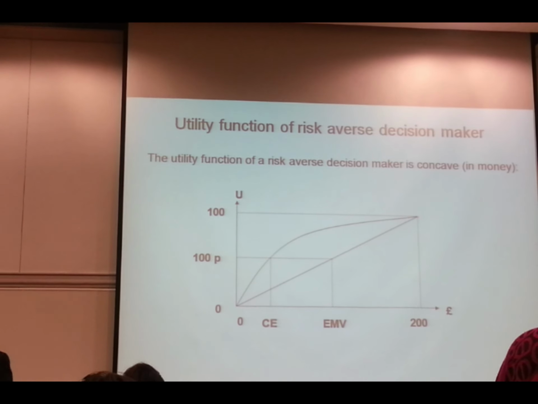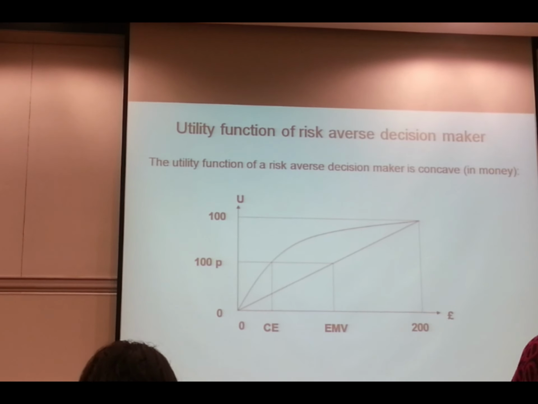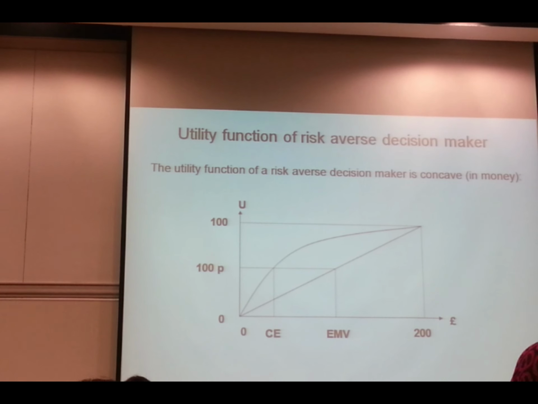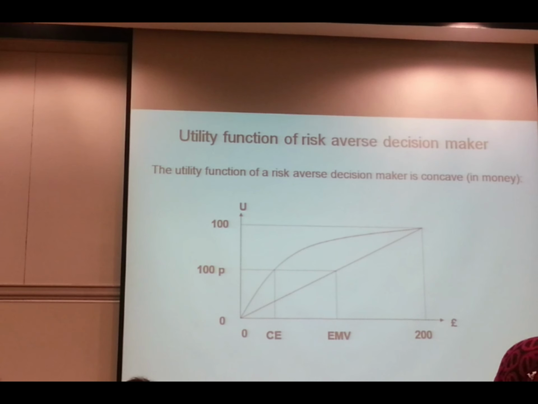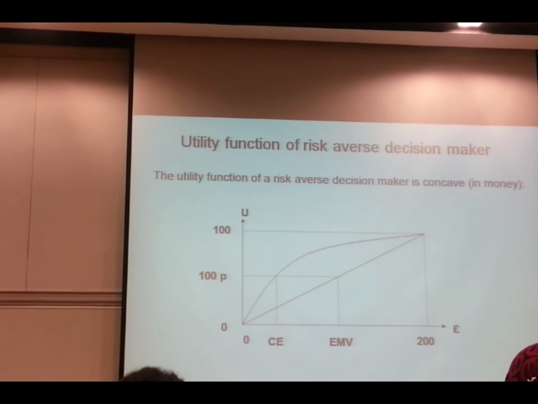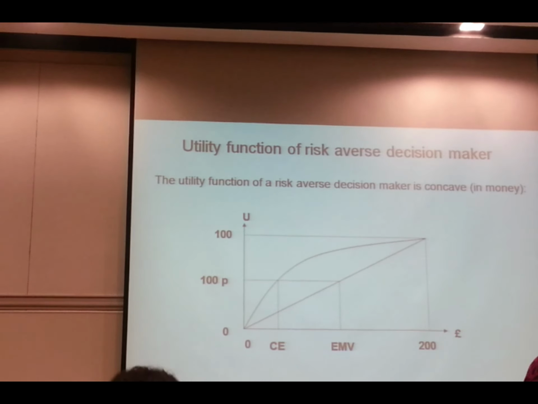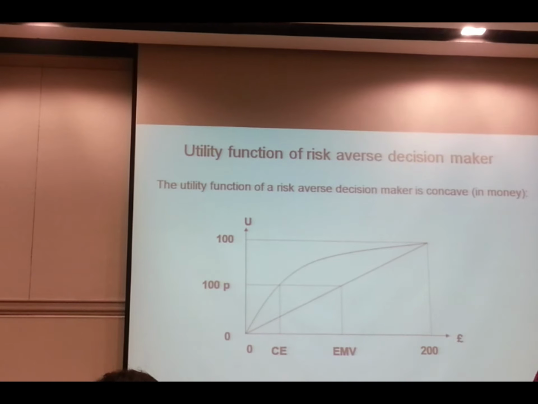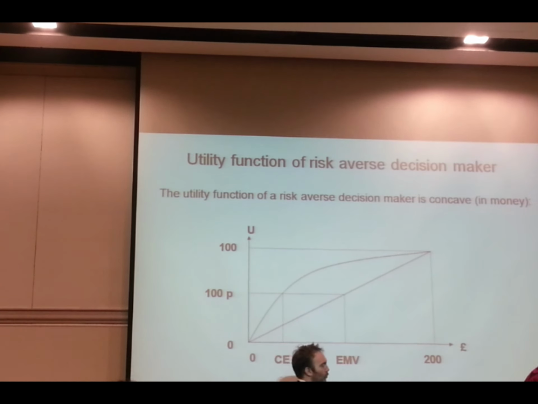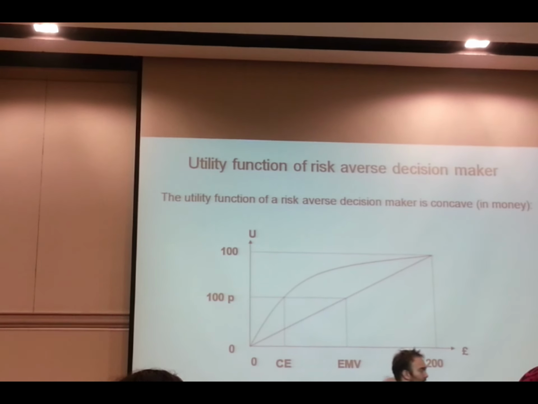In other words, right, if I promise you an amount of money, that's better than having a random event that pays out the same expected monetary value. And that's exactly the definition of risk aversion. So this is one way of interpreting the utility.